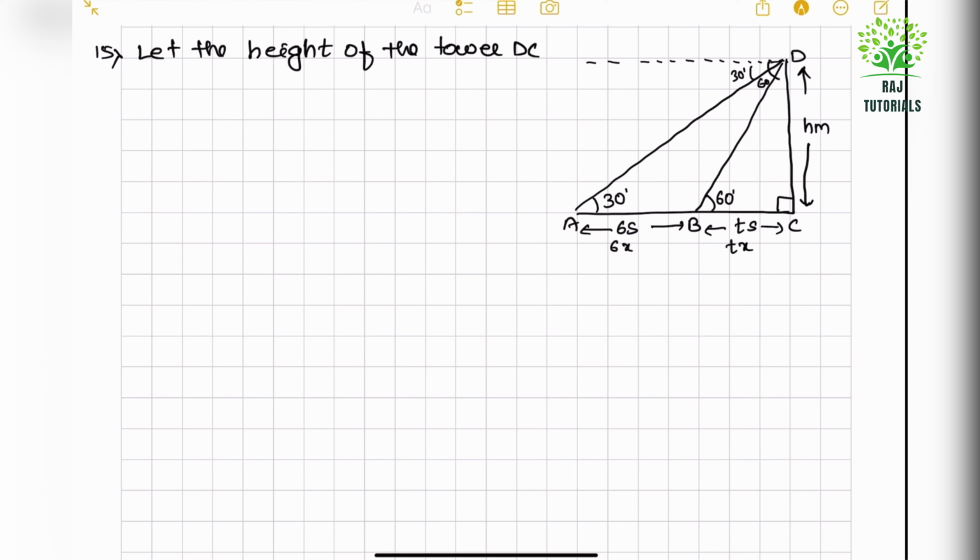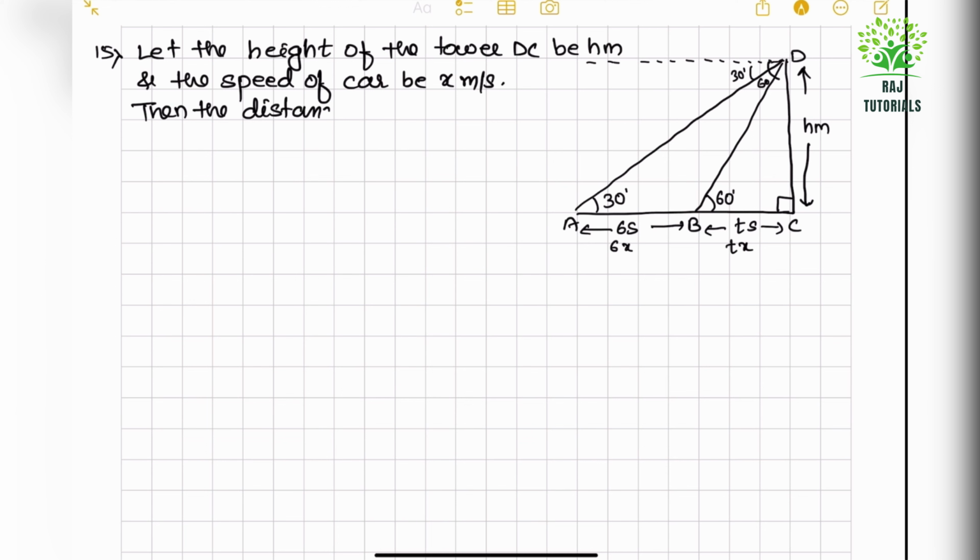So now let the height of tower we have taken as DC, h meter, and the speed of car be x meter per second.